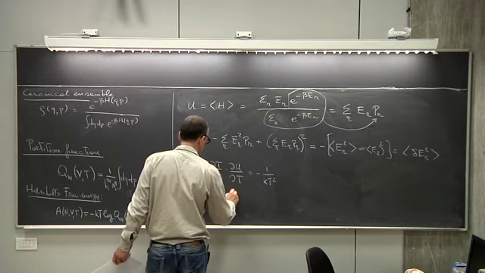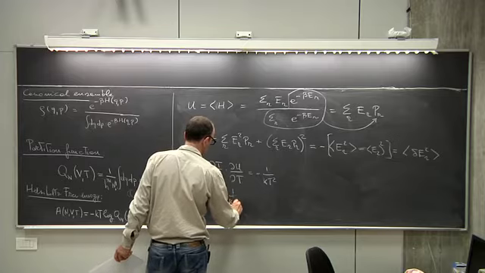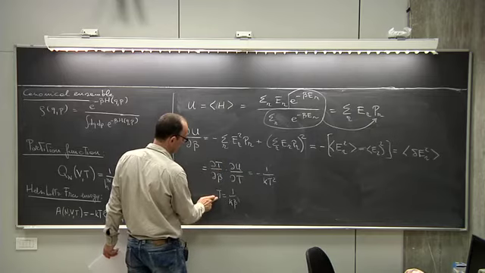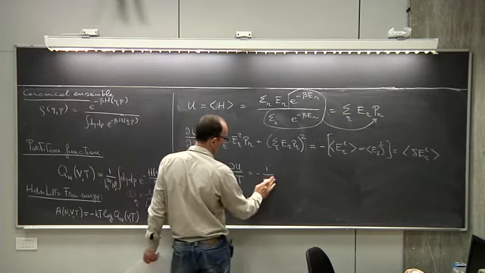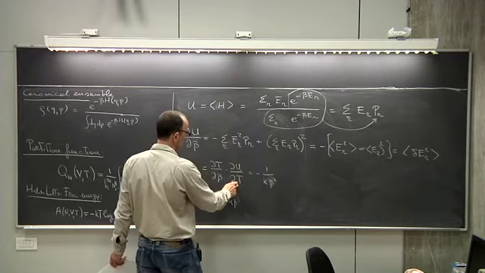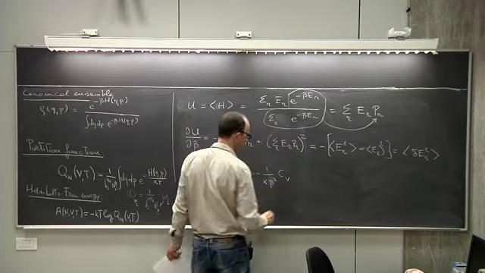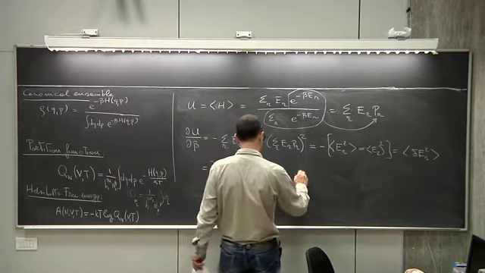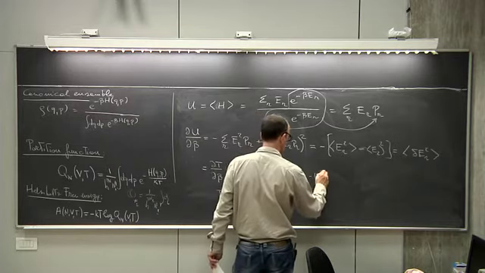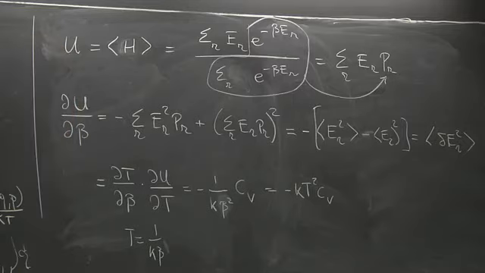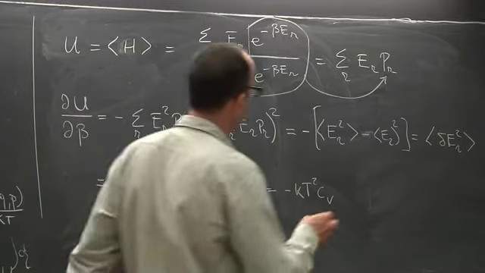So I should write that dT/d beta is 1 over k beta squared. So the derivative of T with respect to beta is 1 over k beta squared. And then dU/dT is just the specific heat at constant volume. So this is just minus kT squared times C_V.